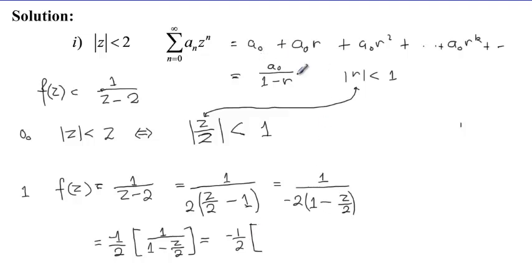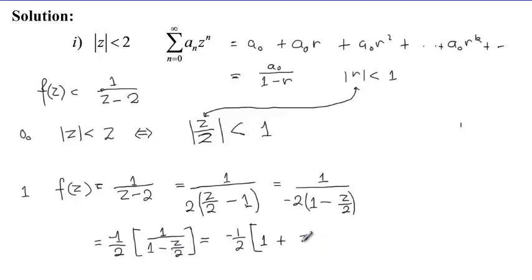What we have here, as an expansion, is the initial term a0 times r to the power 0 plus the initial term a0 times r to the power 1 plus initial term times r to the power 2, and so on. So expanding this, our initial term is 1, so we write 1, and we know that when we multiply 1 by any number, 1 is the identity for multiplication. So now what we're going to have here is 1 times r, and the r in this case comes as z over 2.